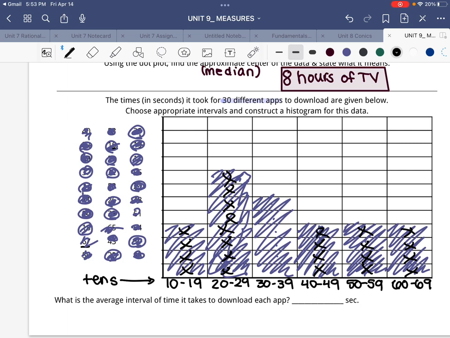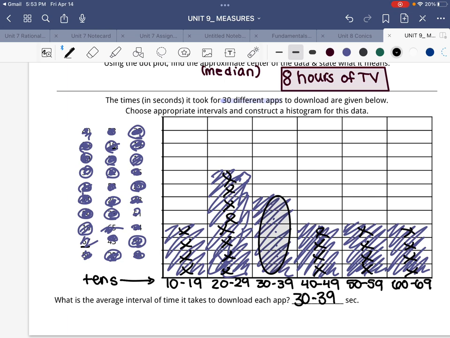And then I can stop crossing them out because I crossed out everything except this interval right here. So my average is going to be 30 to 39 seconds. And we can't narrow it down any closer than that because that is the interval for that section.